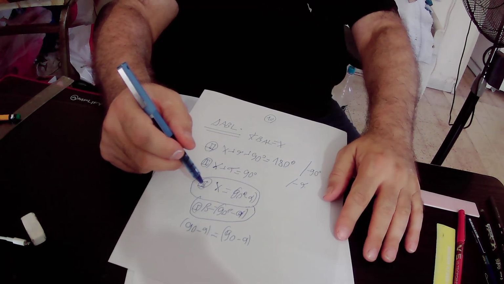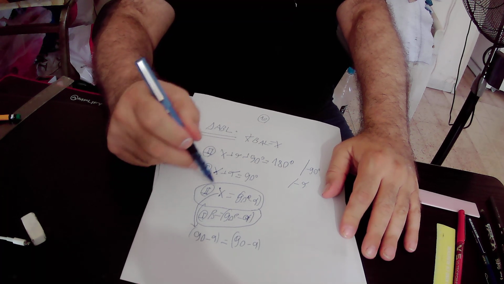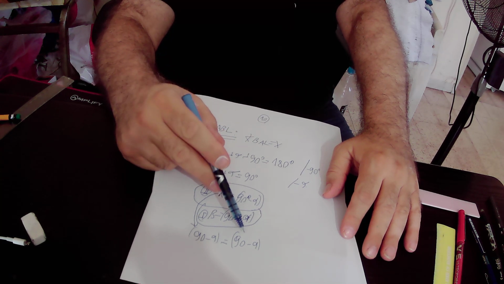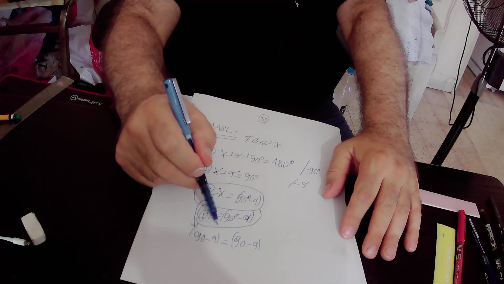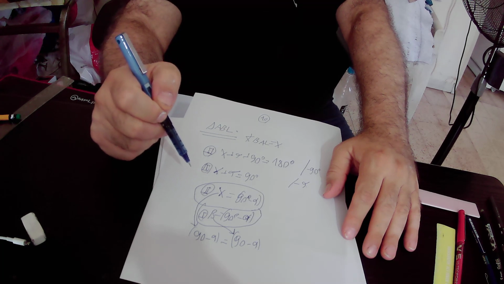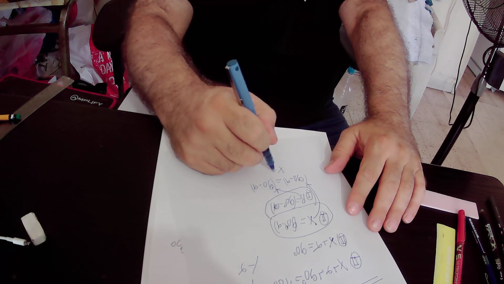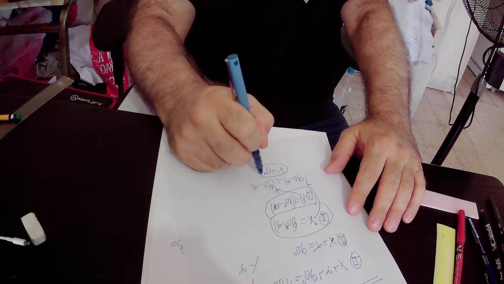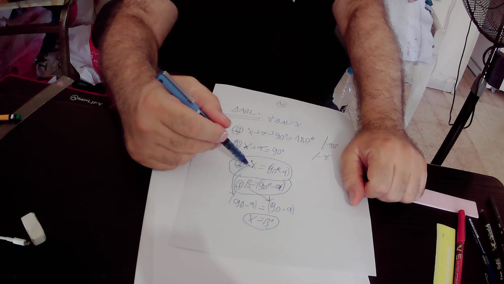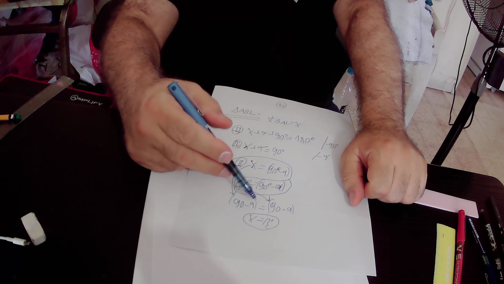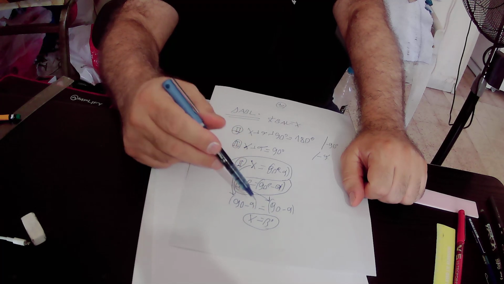We'll replace 90 degrees minus alpha on this side of the equation by x, because x equals 90 degrees minus alpha. And then on this side of the equation we will replace 90 degrees minus alpha by beta, because beta equals 90 degrees minus alpha. We will get that x equals beta. We replaced 90 degrees minus alpha by x, and on the other side by beta. We got that x equals beta.